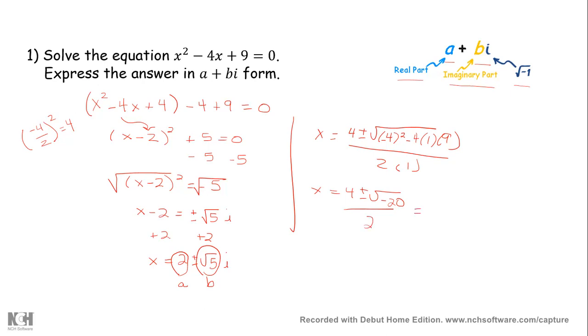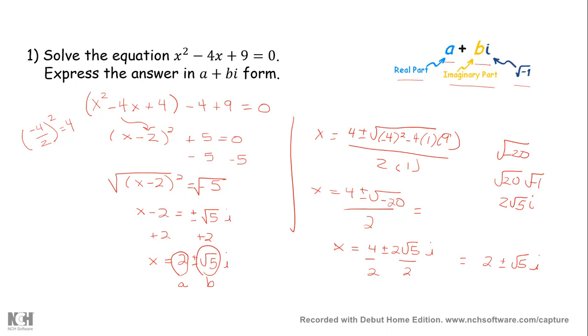Now, I need to simplify the radical first. The square root of -20 is the square root of 20 times the square root of -1. The square root of -1 is i, and that becomes 2 square root 5. So I end up with x equals 4 plus or minus 2 square root 5 i, both divided by 2, which is how I finally get to the same answer I got over there, 2 plus or minus the square root of 5 i.